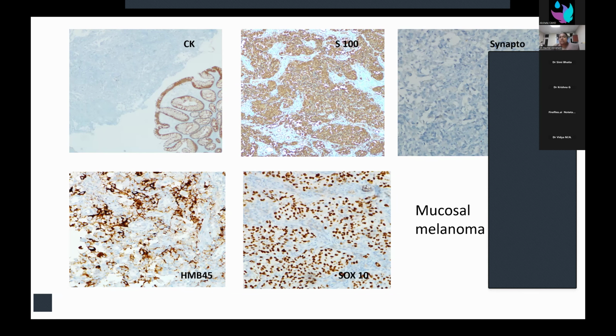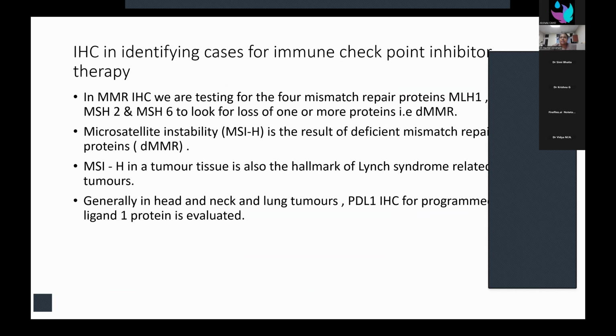The next application of IHC is in identifying cases for which immune checkpoint inhibitor therapy can be ordered. This is done by MMR or MSI testing and/or PDL1 testing. In an MMR IHC, what we are testing is for the four mismatch repair proteins, that is MLH1, PMS2, MSH2, and MSH6, to look for the loss of one or more of the proteins, which will label the tumor as dMMR, or deficient MMR.